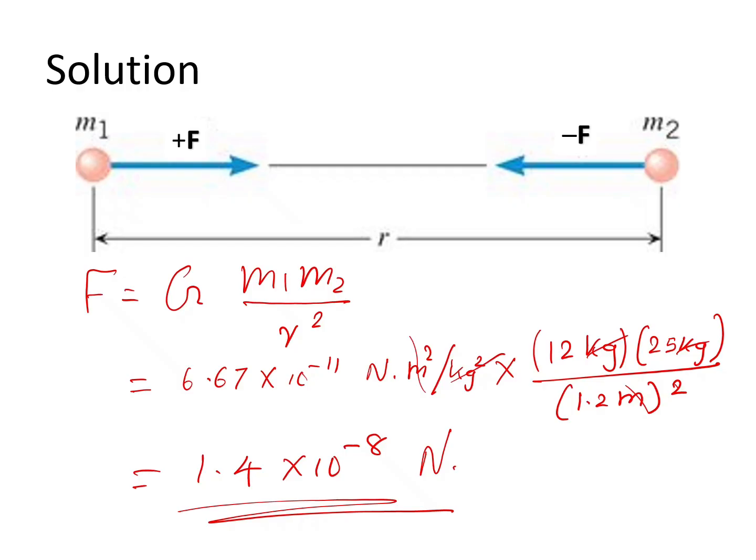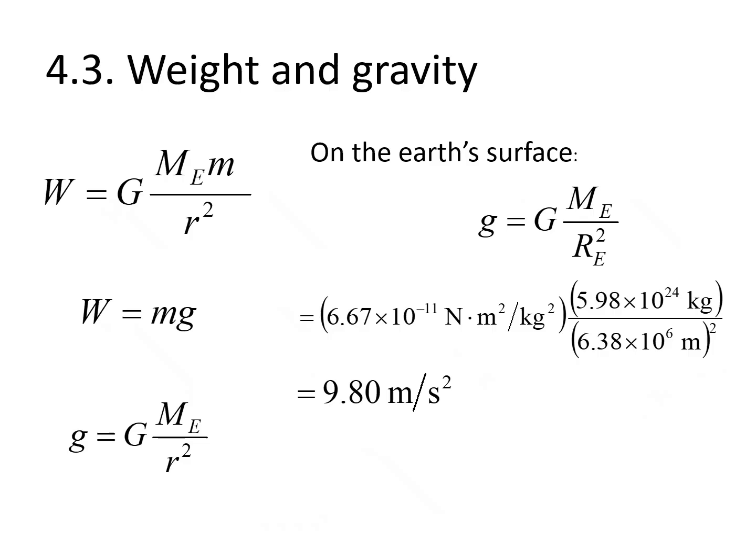Now let us connect this universal law to the familiar idea of weight near Earth's surface. Weight is the gravitational force exerted on an object. Near Earth's surface, we can use Newton's law of universal gravitation to calculate the weight.